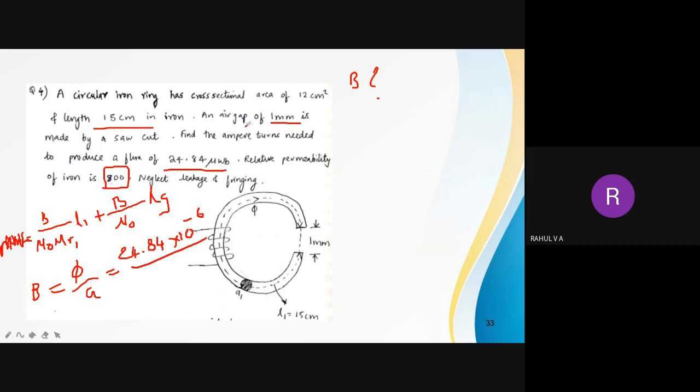They also have given the area of the iron ring, that is 12 into 10 raised to minus 4. If you use this equation, you can find the value of B. Once you find B, you can directly find the MMF. So all of you please do this and tell me the answer.